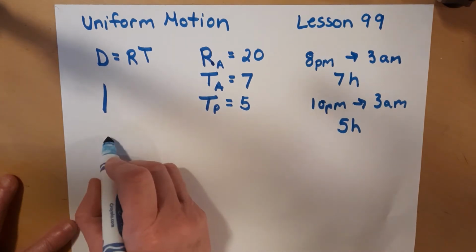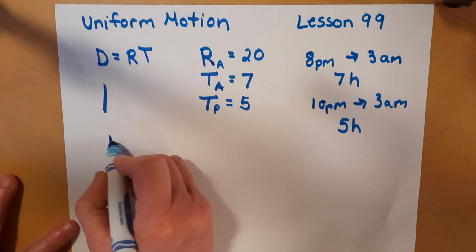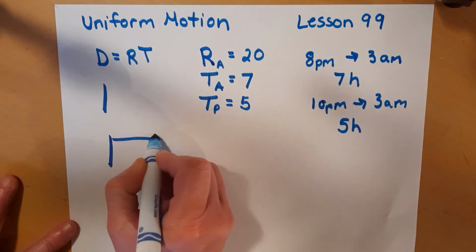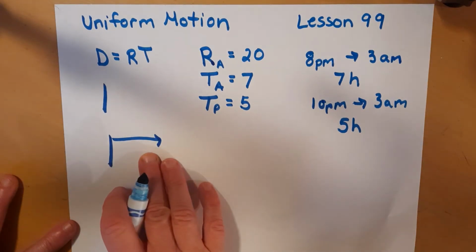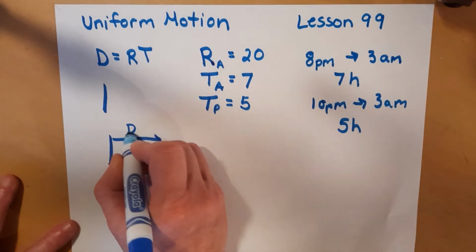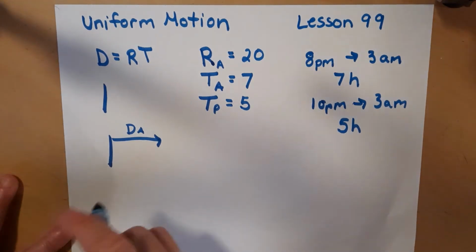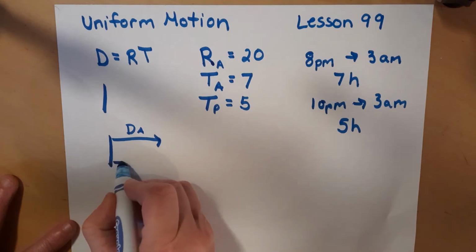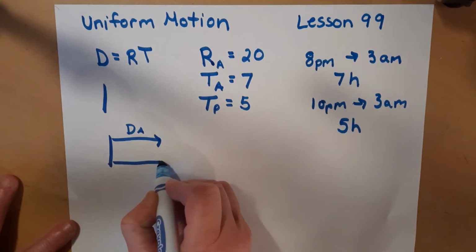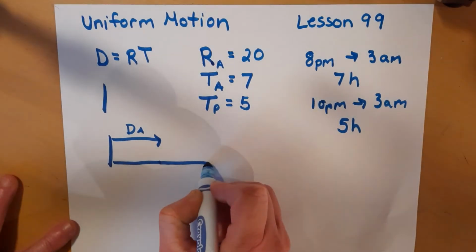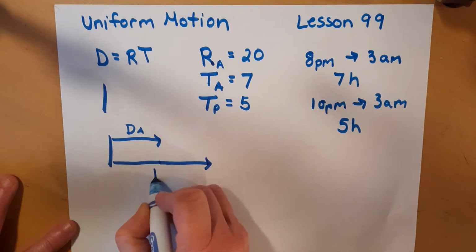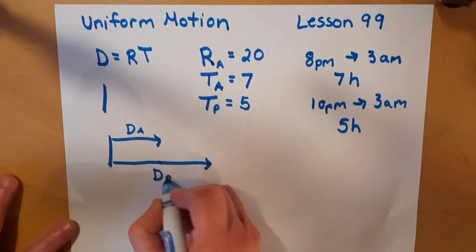So if they start at 8 p.m., Achilles goes this far. We're just going to draw a little arrow. That's the distance of Achilles. Now Patroclus at 3 a.m. is 50 kilometers ahead. So he goes the distance of Achilles plus 50 kilometers. So that's the distance of Patroclus.